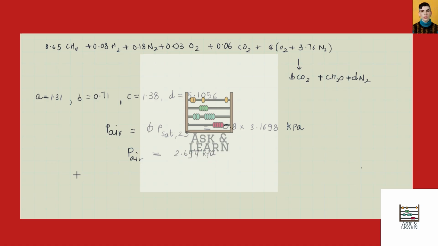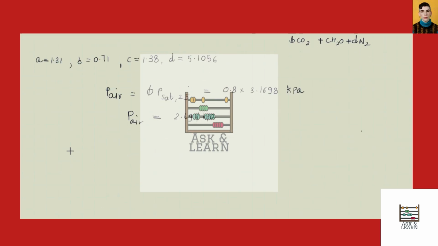The amount of the moisture is determined from the relation which uses the pressure of the moisture and the pressure of the mixture. So the relation would be N_v equals the partial pressure of the moisture divided by the total pressure multiplied by the total number of moles.